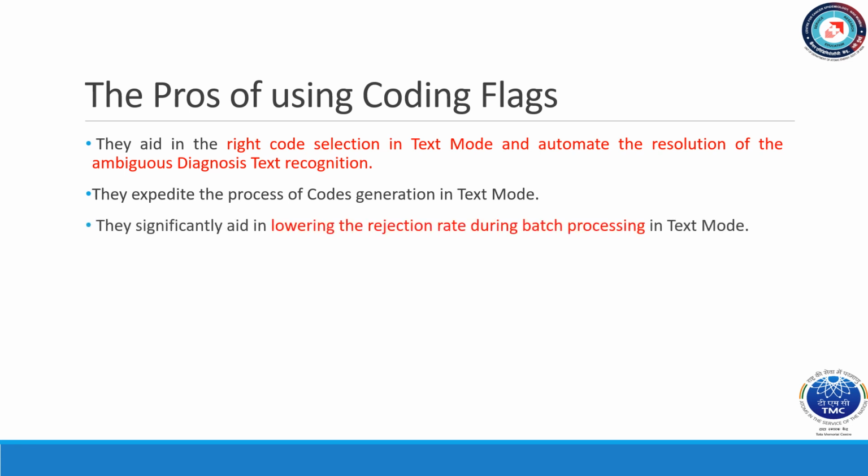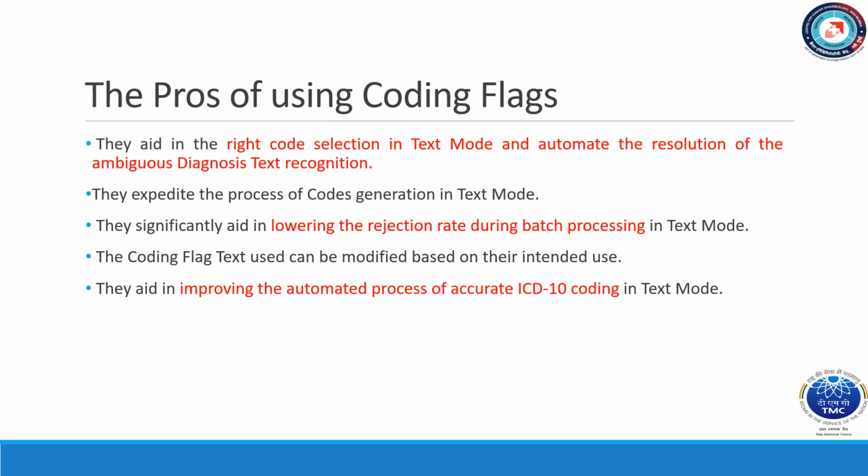They significantly aid in lowering the rejection rate during batch processing in text mode. The coding flag text used can be modified based on its intended use. They aid in improving the automated process of accurate ICD-10 coding in text mode.